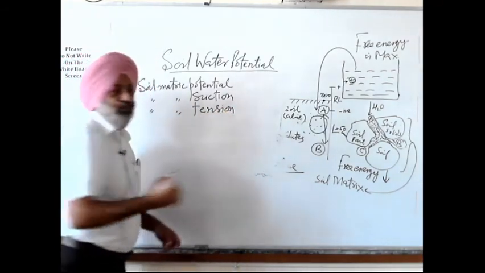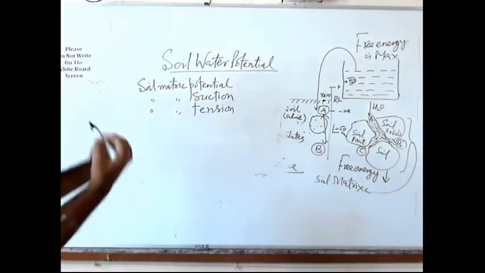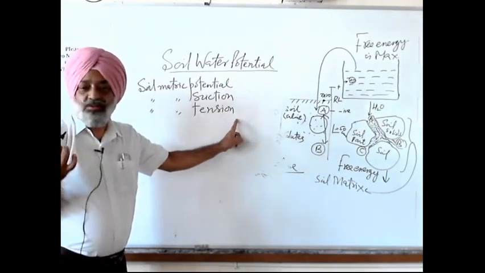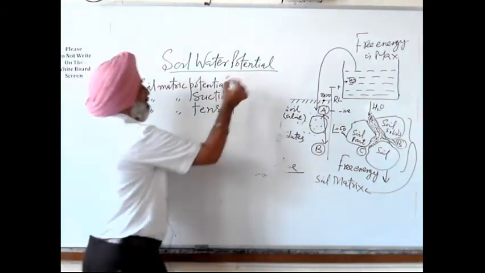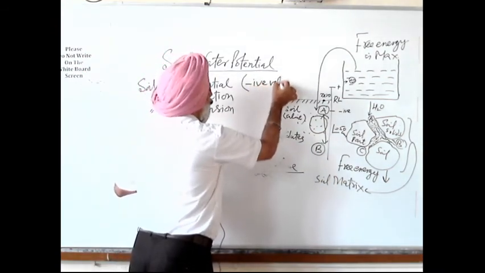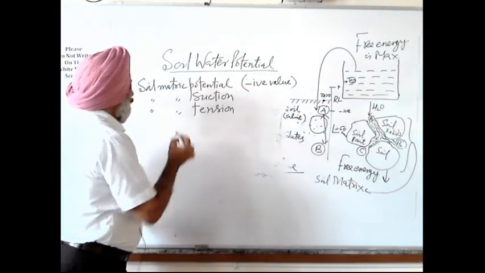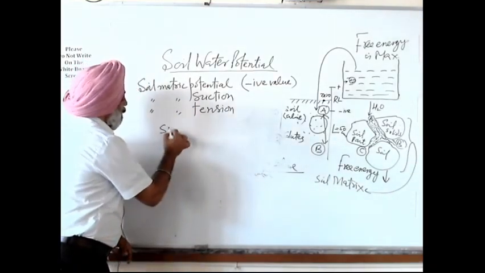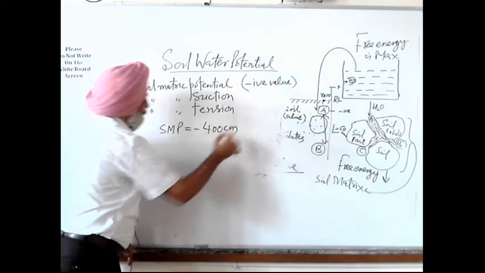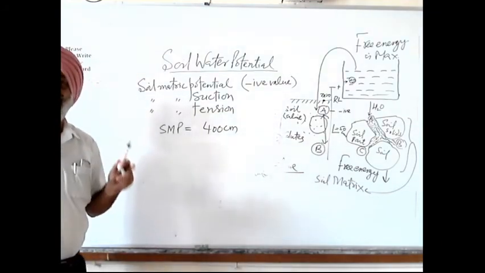Now this is very confusing for the students, but let me tell you, all these three terms are used synonymously. The only difference is, if you want to mention the negative value, then you will have to say soil matric potential. I say that soil matric potential is minus 400 centimeters. If I say soil matric potential is 400 centimeters, this will be wrong.